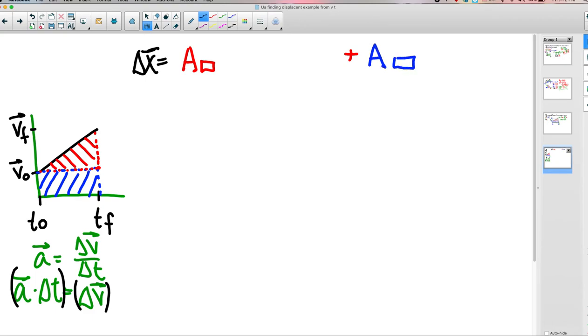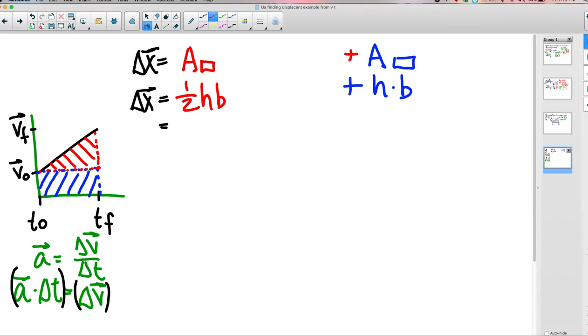Now, to find the total displacement, we know the area of a triangle is one half the height times the base, and we know the area of a rectangle is the height times the base. Now, just to keep things a little more focused right now, we're going to stay focused on what's going on with this triangle, and we're going to expand all of this, and then we'll come back and take care of the rectangle in just a moment.